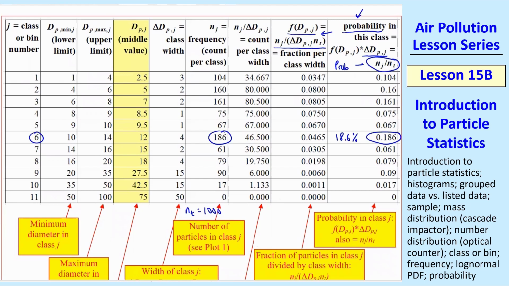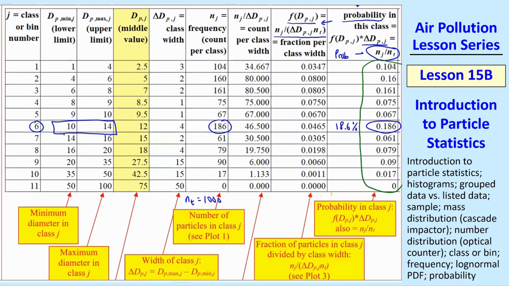There's an 18.6% probability that a particle lies in bin j, which is between 10 and 14 microns. If we add up all these guys, we have to get 1. In other words, there's a 100% probability that a particle lies within all the ranges that we're measuring here, which makes sense.